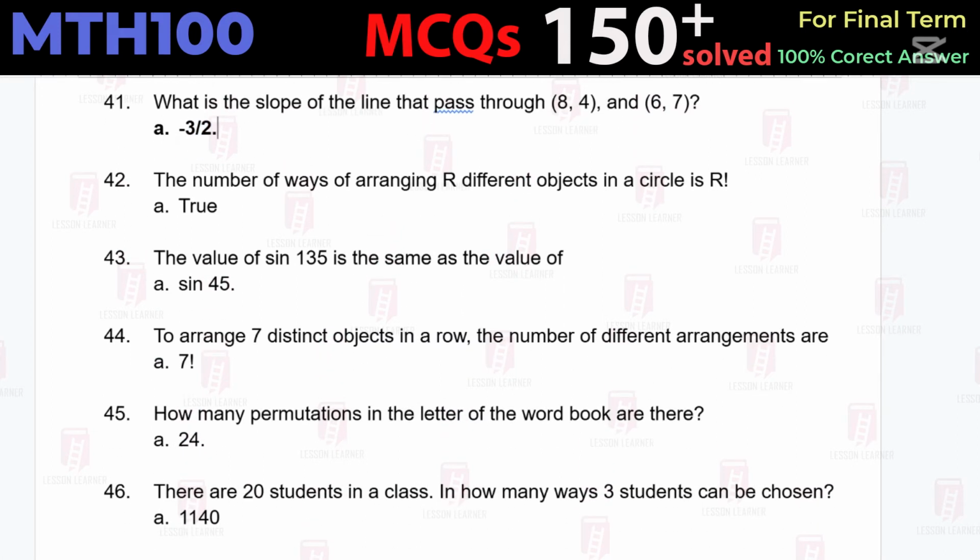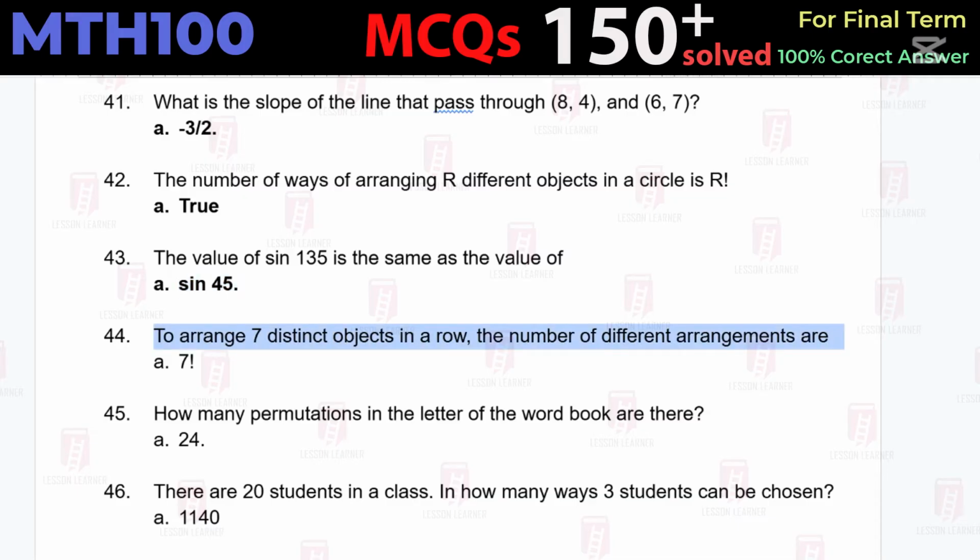The number of ways of arranging r different objects in a circle is (r-1)!. It's true. The value of sine 135 is the same as the value of sine 45.